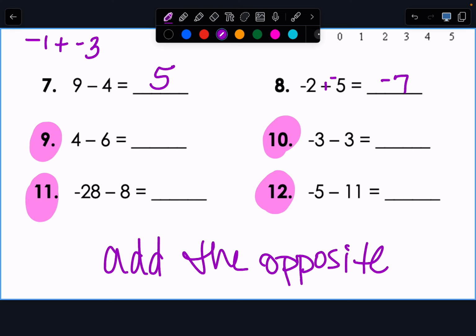Compare answers. Okay. Make sure you compare answers with somebody at your table. I know some of you don't have elbow partners, so you can talk across the table if you need to. It does work that way.